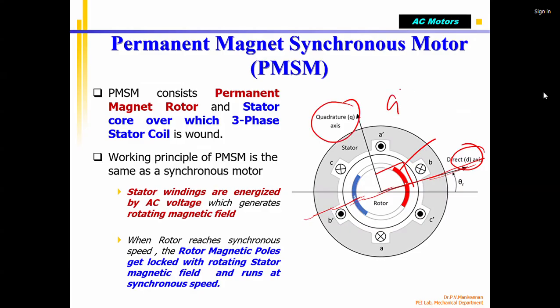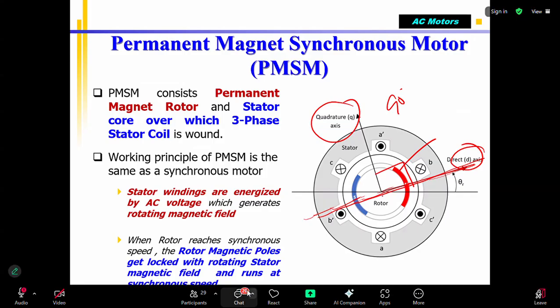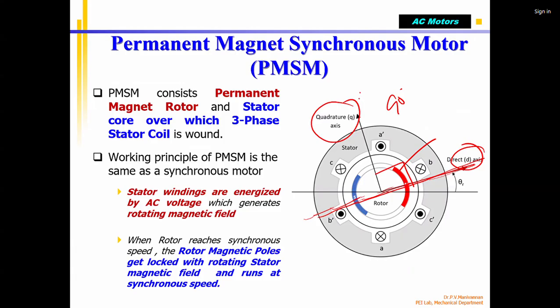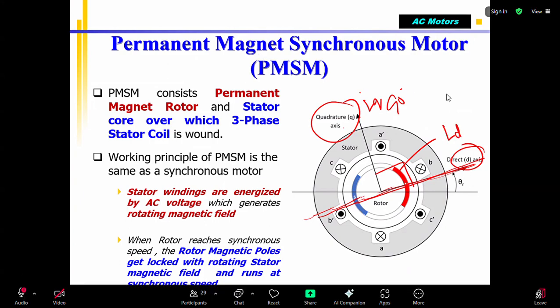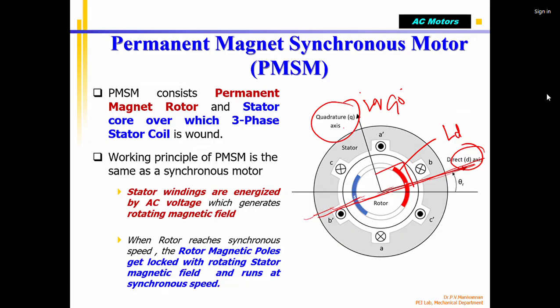Quadrature means 90 degrees, with respect to the rotor magnetic axis, which is called the direct axis. That is nothing but the line connecting north and south pole of the rotor. So if you measure electromagnetic inductance with respect to the Q axis, it is called LQ. Similarly, LD means inductance measured with respect to the D axis of the rotor. That is called LD, LQ.